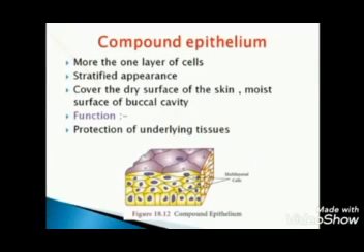Now the next topic is the compound epithelium. It consists of more than one layer of cells and gives a stratified appearance. Hence it is also known as the stratified epithelium. It covers the dry surface of the skin, the moist surface of the buccal cavity and pharynx.